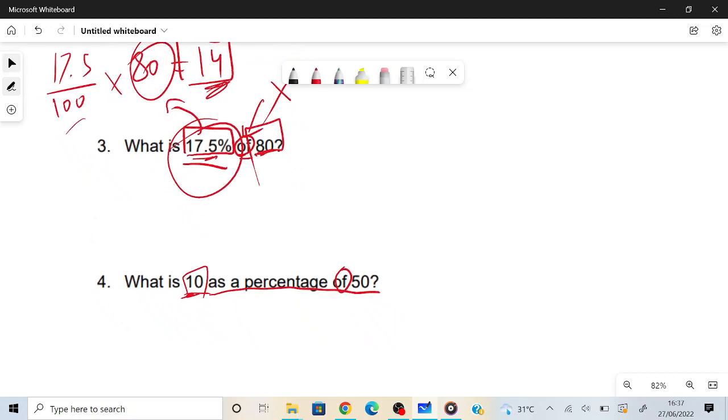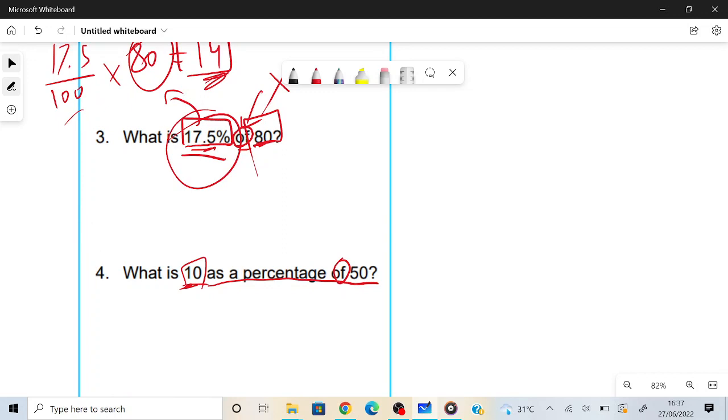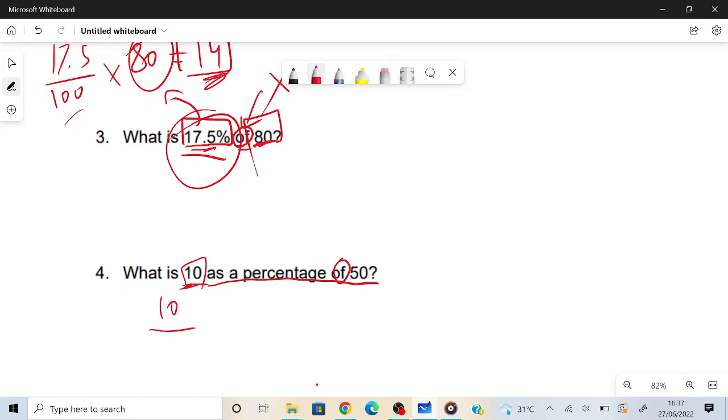So whenever you have something like this, whenever you're trying to write a number as a percentage of another number, all you have to do is take the smaller one as a fraction, put it over the bigger one. So the small one is the numerator, your bigger one is the denominator, and you times it by 100. And 10 over 50 times 100 is 20. So 20%.